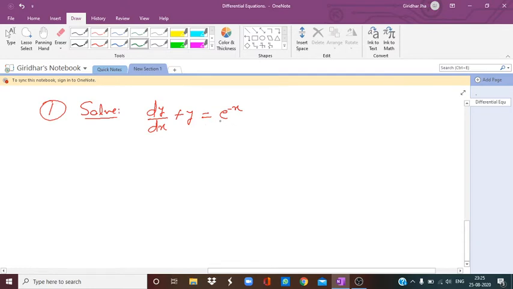No, it's not possible, because if you take y to this side, it becomes minus y, and you can't separate. So variable separable fails. What about homogeneity? Of course, there is no question of homogeneity, because of e to the power minus x, and this is y, so it is non-homogeneous.